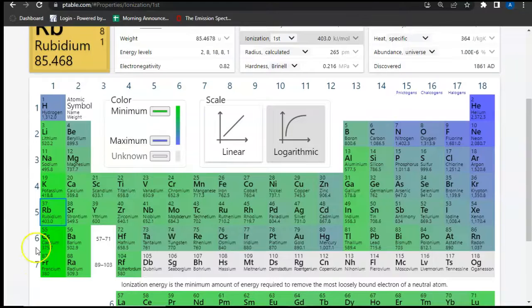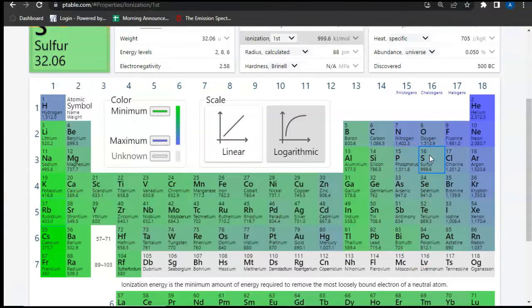It would be rubidium. If rubidium says my electron's going to cost $400, sulfur's like mine's going to cost $1,000, then it's going to be easier to take rubidium's electron. Rubidium actually wants to give it away for cheap. Rubidium wants to become a positive ion, so it essentially gives its electron away.